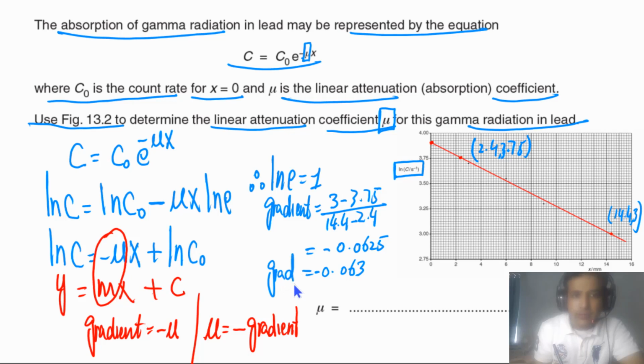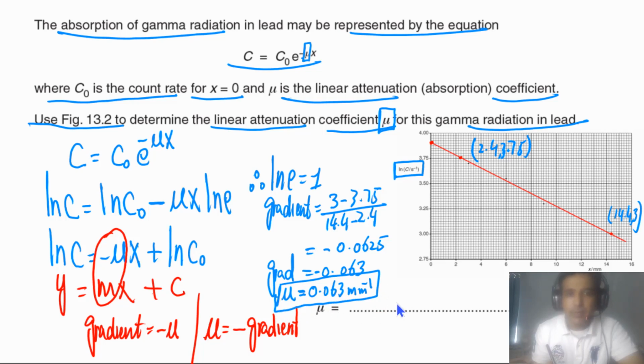So mu in this case will be equal to 0.063 per millimeter, because the log of any quantity has no unit.